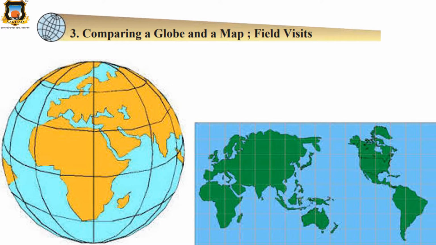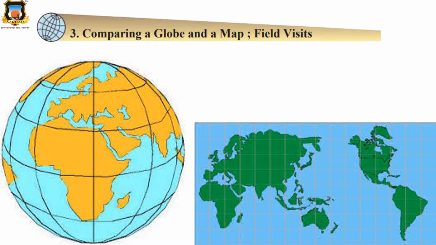Now class, we all have learned in the lesson the earth and the graticule what the graticule is, and how the parallels and meridians are drawn. How many parallels are there? How many meridians are there? What is the equator?